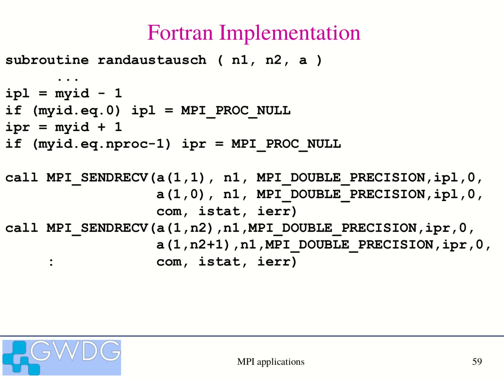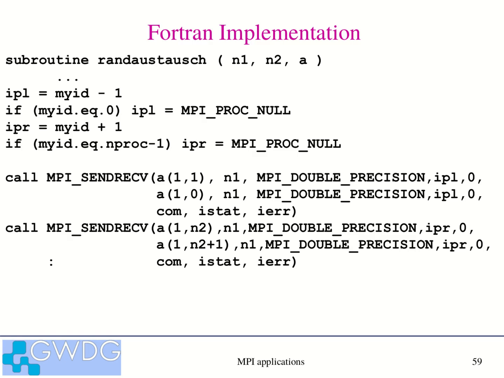And then I call send receive. I'm sending something to my left neighbor. This is the first column, starting at value 1. I have n1 elements to send, which is this send of 1 column.